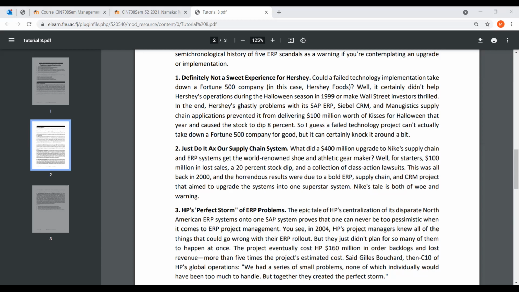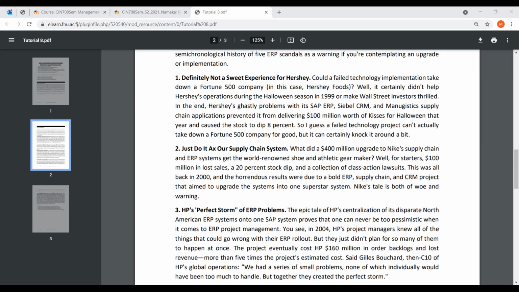Could a failed technology implementation take down a Fortune 500 company? In this case, Hershey Foods. Well, it certainly didn't help Hershey's operations during the Halloween season in 1999 or make Wall Street investors thrilled. In the end, Hershey's ghastly problems with SAP ERP, Siebel CRM, and Manugistics supply chain applications prevented it from delivering 100 million dollars worth of Kisses for Halloween.